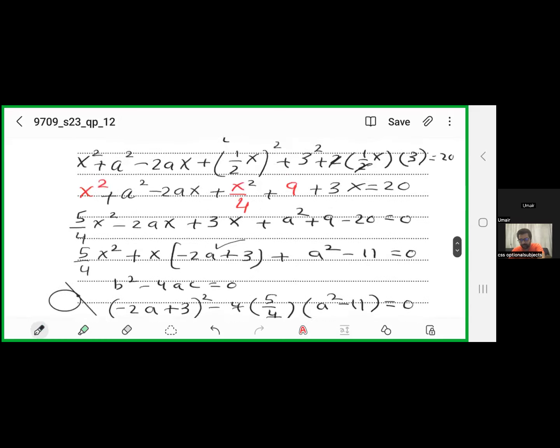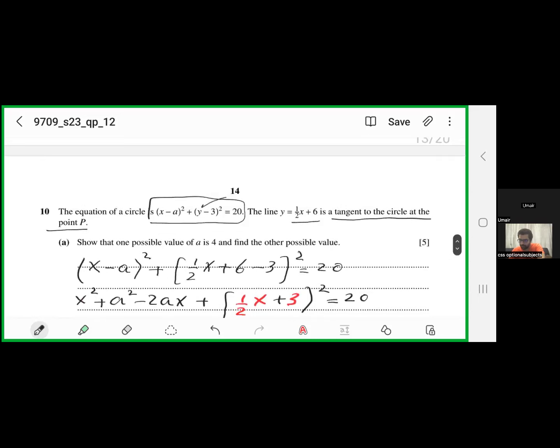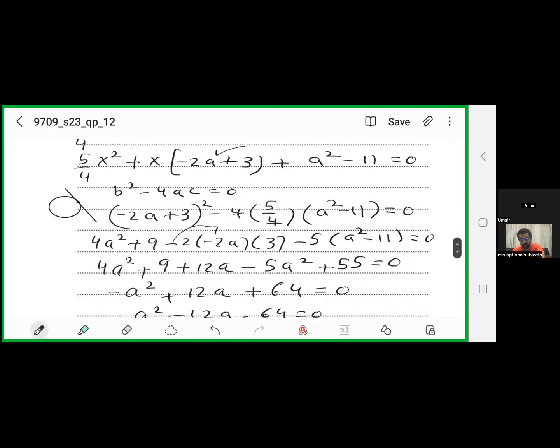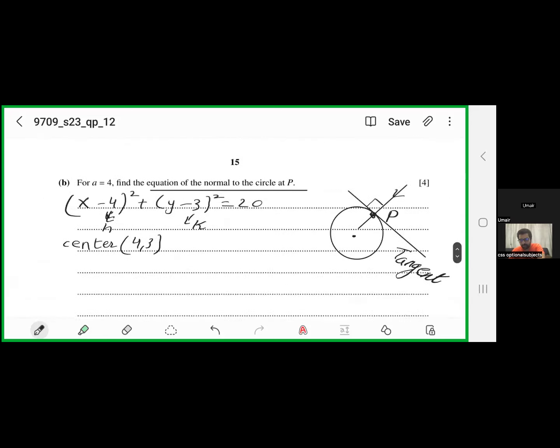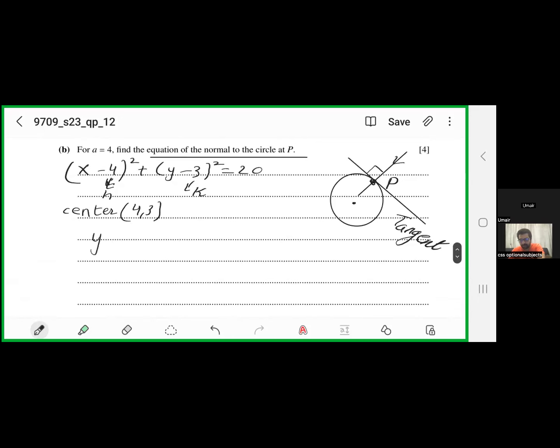Now if we go over here, we have a line which is tangent to the circle and we have the equation of the circle. So to find P, you have to solve these equations simultaneously so that you can find the coordinates of P. y is equal to 1 over 2 x plus 6. This is the equation of the tangent.